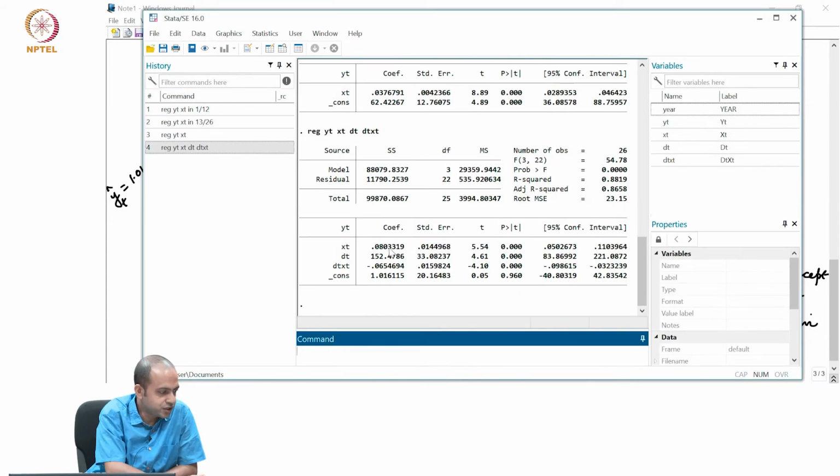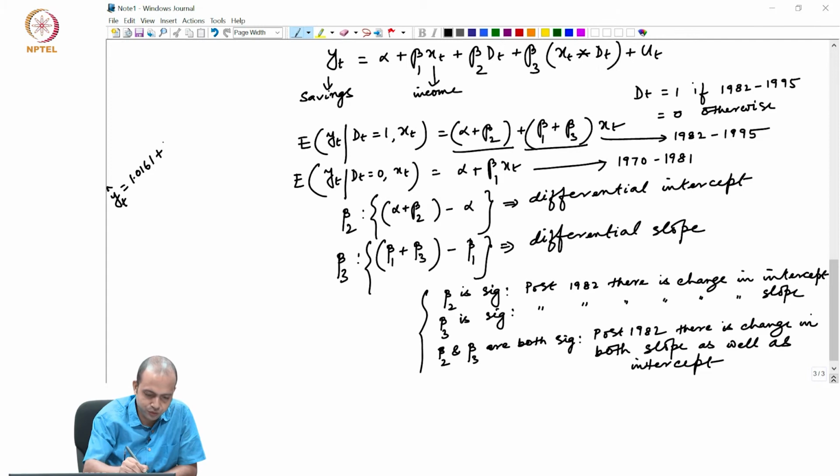The slope coefficient is 0.080. So this would become 1.0161 plus 0.080 xt. This is your equation for the 1970 to 1981 pre-recession period.